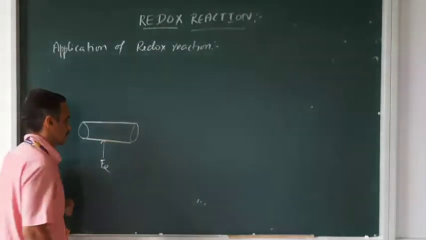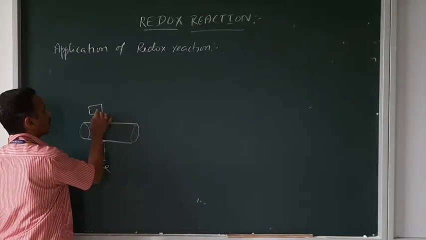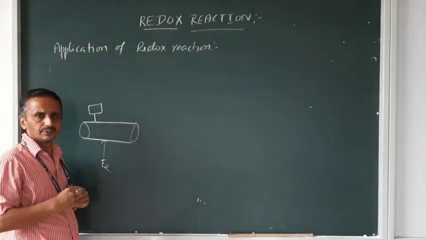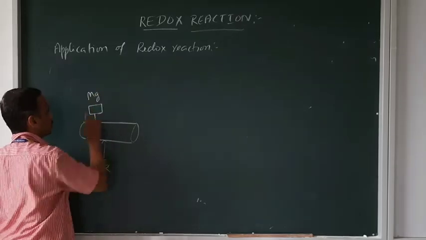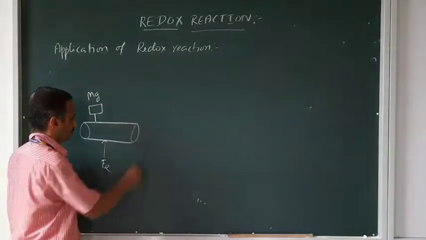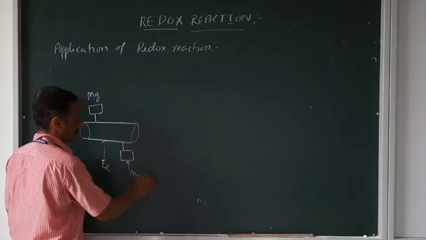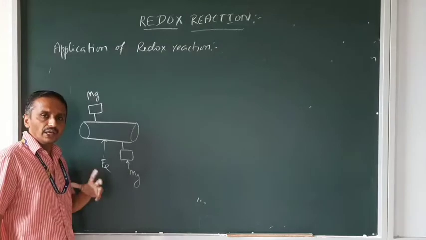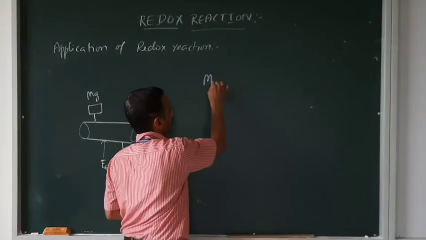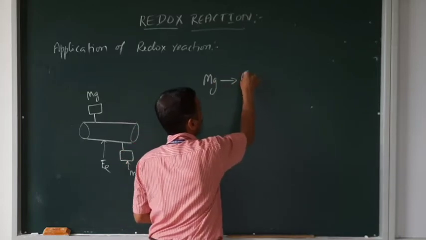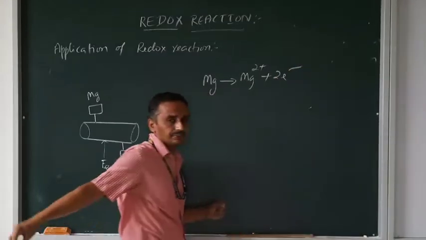To prevent this, what I can do is, here and there small pieces of a more electropositive metal like magnesium should be attached. This is magnesium. See, until the magnesium is present, as magnesium is more electropositive, it undergoes oxidation to give Mg2+ plus 2 electrons.